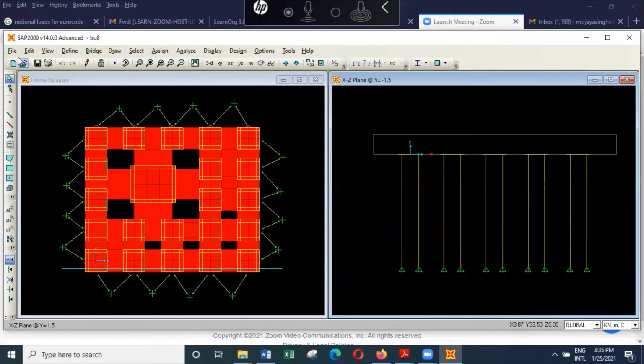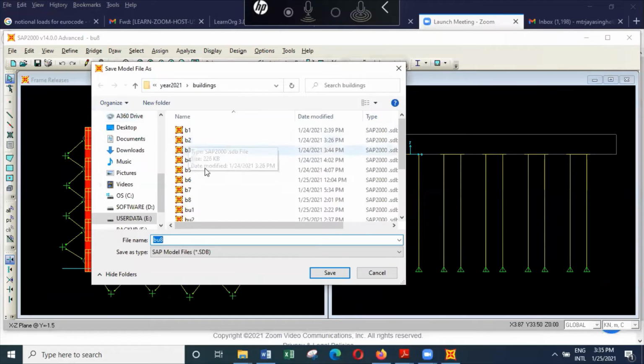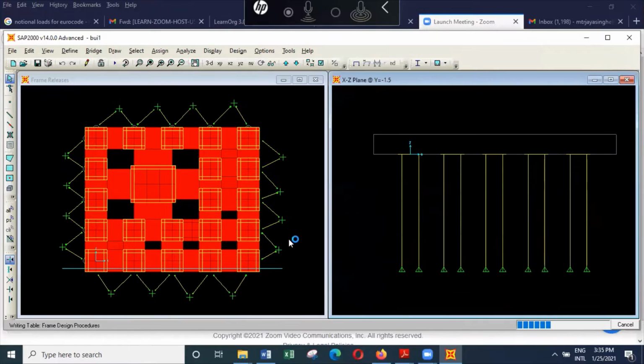And then we'll also look at one, and we have not applied any wind loads on the structure. So apply some wind loads.